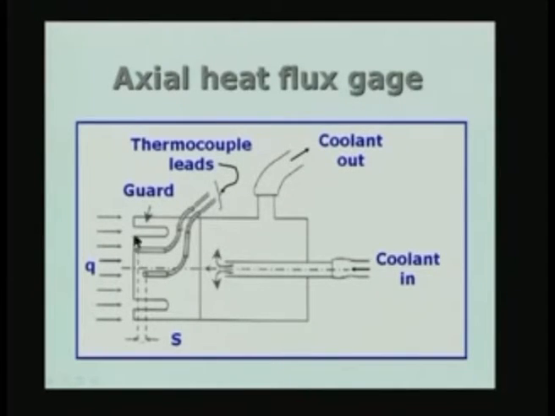Suppose I want to maintain the surface temperature of the probe at a value below that at which the probe is going to get damaged, or at the limiting value of the temperature to which the probe can be subject to, then I have to take the temperature of the first thermocouple as the control voltage, and that can be used to control the coolant level such that the temperature is maintained at a constant value less than the maximum allowed value.